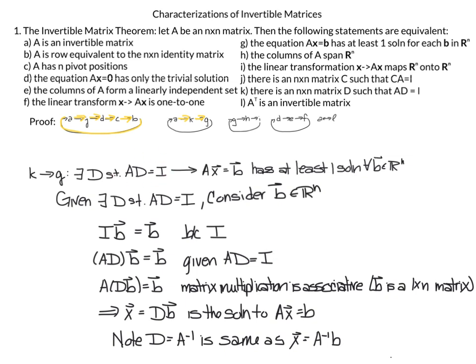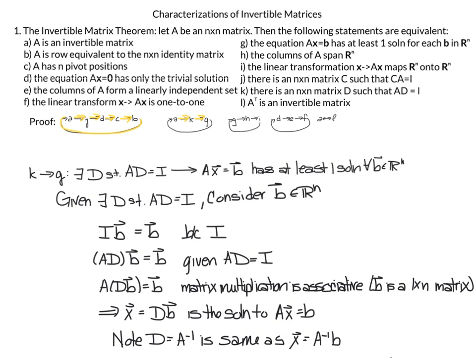That's given. Now I have three matrices, A, D, and the vector B. And remember, vectors are just one column matrices, so this is considered a matrix. And since matrix multiplication is associative, I can do the multiplication of DB first before I do the matrix multiplication by A. So now if you look, I almost have the form AX equals B, and I will have that form if I let X equals DB.